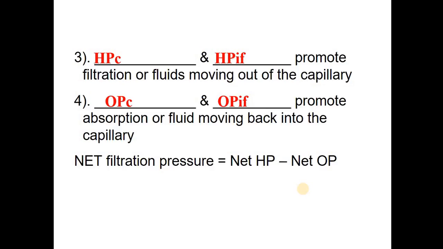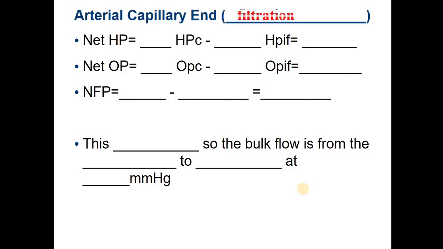So your net filtration pressure equals your net hydrostatic pressure minus your net osmotic pressure. So think of the arterial end. We're picturing that right now. That is where filtration is taking place.